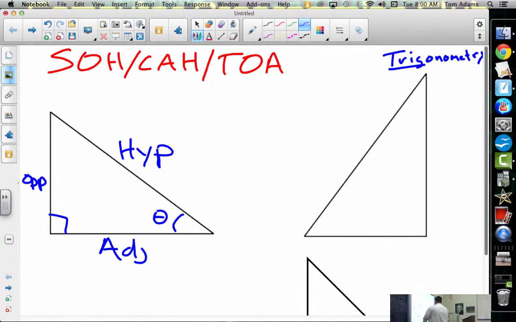So what SOHCAHTOA reminds us is the relationship or ratio of 2 of these 3 sides relative to the angle. So if I say sine of theta, we have SOH. The SO means sine of theta is equal to the opposite over the hypotenuse.